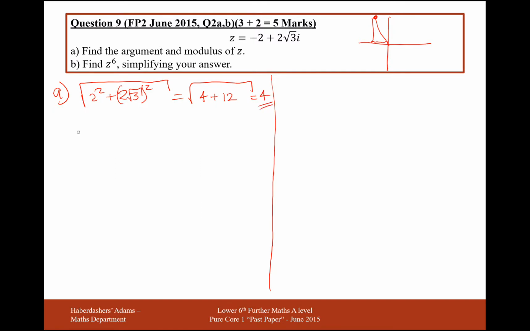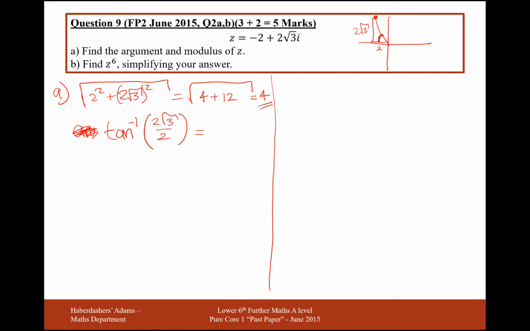And the argument, well, first of all, before we work out the argument, we want to work out this angle round here. Now the base here is 2, the height here is 2 root 3. So we can use tan on that right angle triangle there to work out that angle. So tan minus 1 of our opposite over adjacent, 2 root 3 over 2.